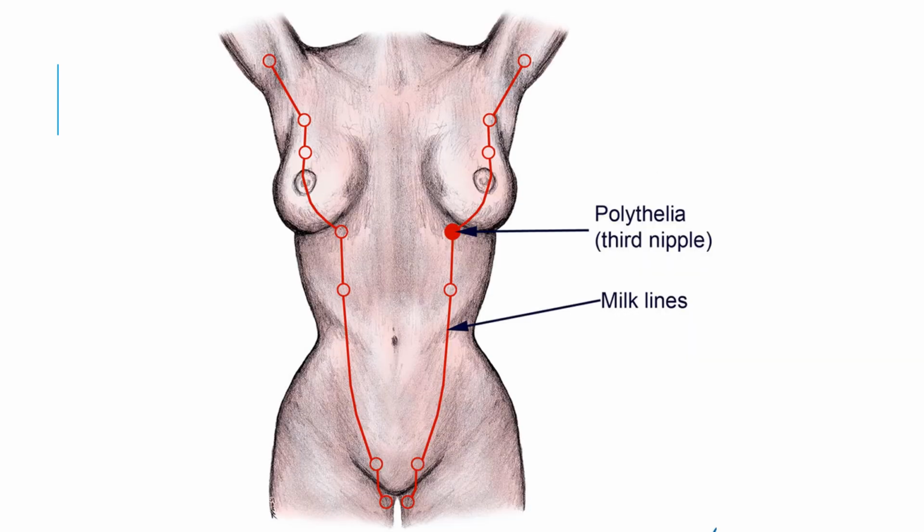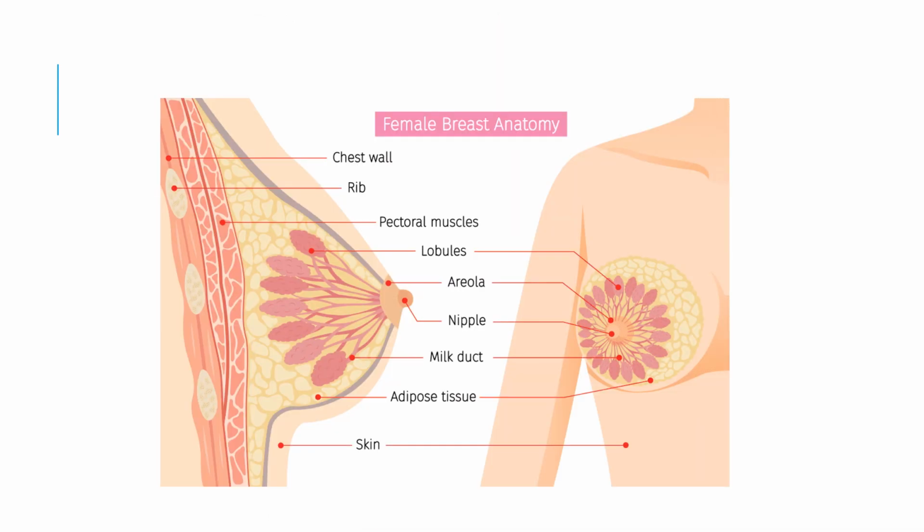Okay. So this is the milk line along which the breast tissue develops, extending from the axilla to the pubis and external genitalia. The normal breast anatomy has connective tissue as well as the ducts and the glands, resting against the rib and the pectoral muscles.